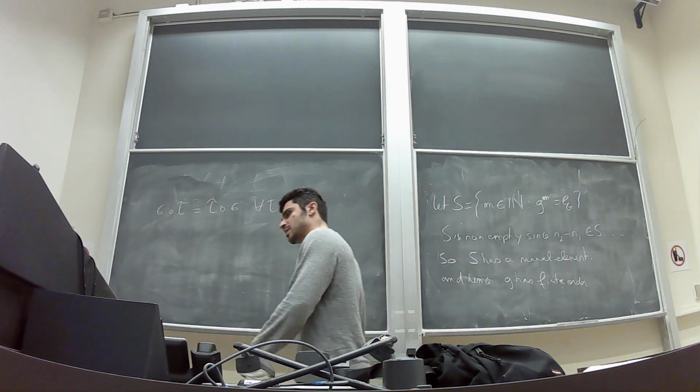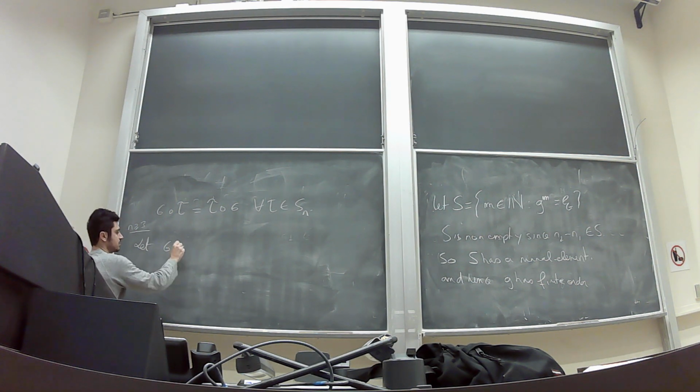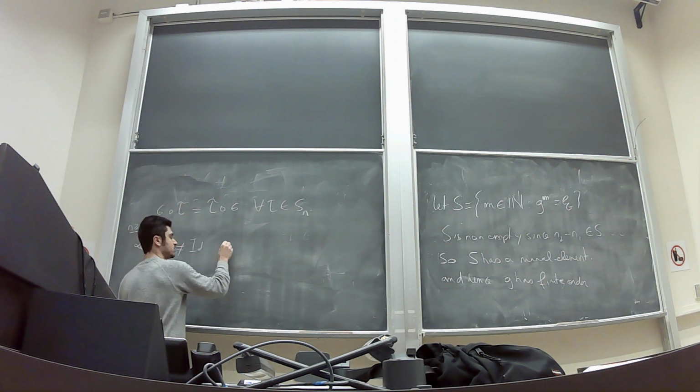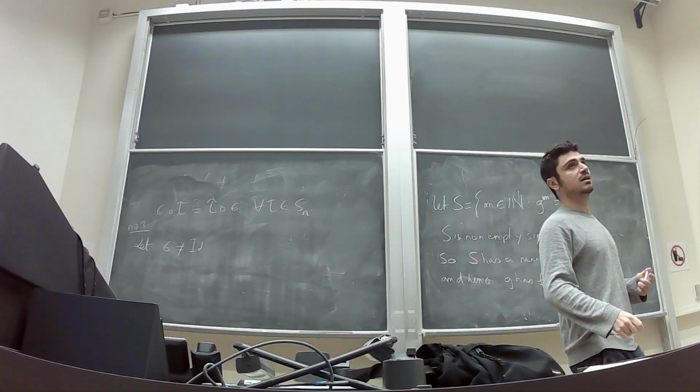The best way to go about it is by contrapositive. Of course, n is bigger or equal to 3. So how do we start? I can give you a hint. Let sigma be different than the identity. I will construct a tau such that sigma tau is different than tau sigma.